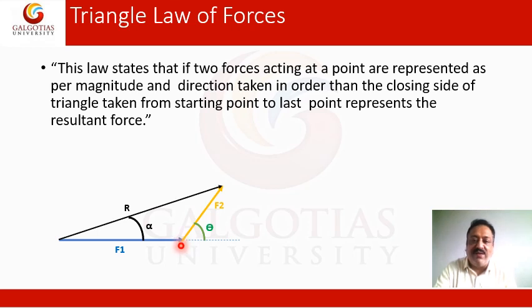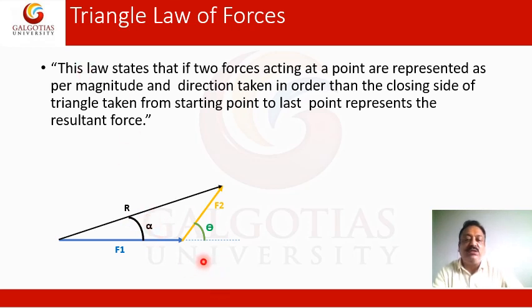So from there I will start drawing the other vector F2, and the closing side of the triangle, taken from the tail of F1 to the tip of the F2 vector, will be the resultant vector R, and it would be inclined at angle alpha.